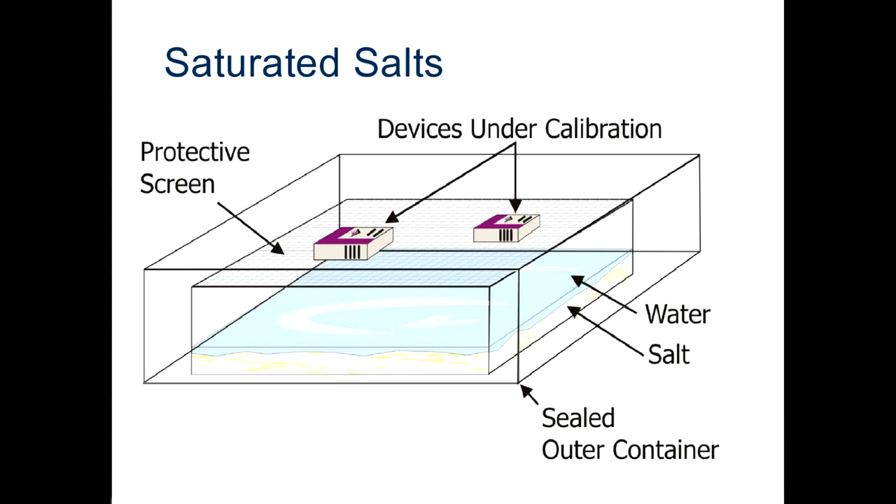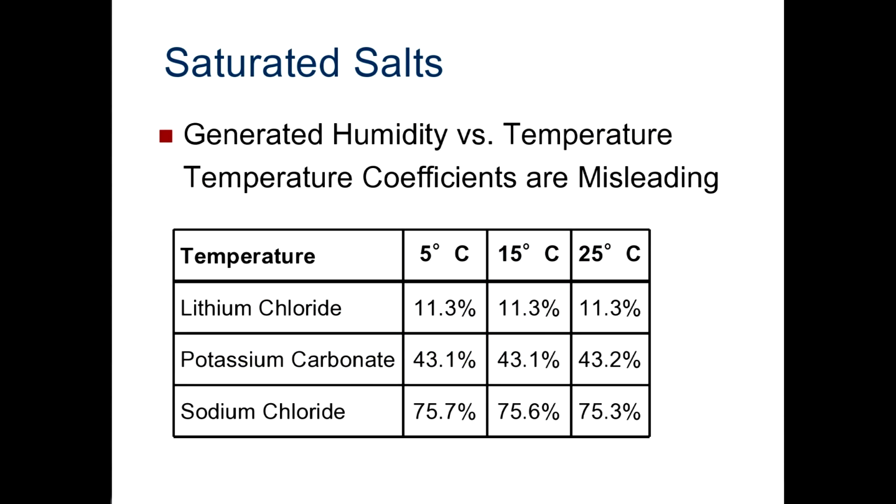Now the RH value in this chamber is a function of the physical properties of a particular salt. In this table we can see some common salts that are used for humidity generation. Here, lithium chloride, approximately 11%, potassium carbonate, and even sodium chloride are commonly used.